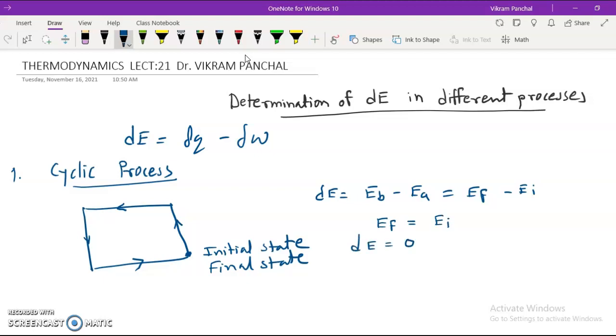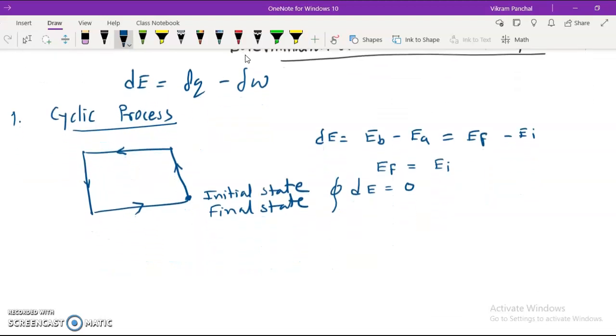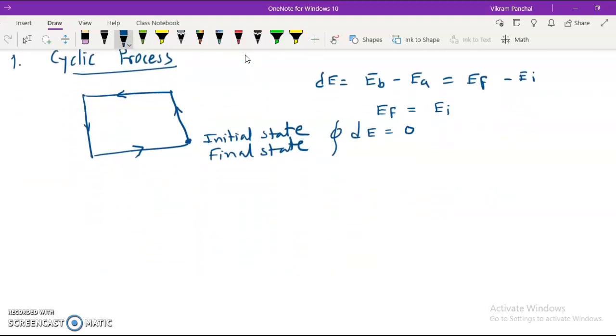There is no change in internal energy. So according to this, in the formula dE is equal to delta Q minus delta W, where dE is equal to 0, therefore we write delta Q is equal to delta W.